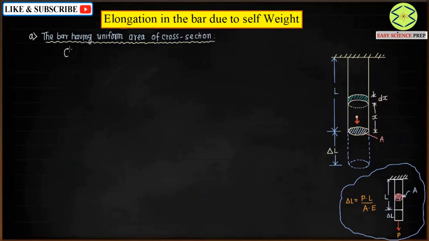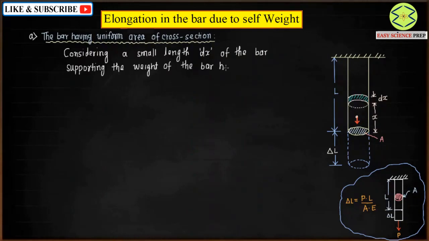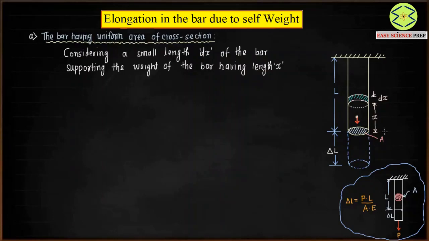So considering a small length dx of the bar supporting the weight of the bar having length x, as is clear from this picture, this small length of the bar will undergo deformation. I can assume the small length of the bar as weightless, and it is being pulled by the weight of the bar having length x. I am calling the weight of the bar capital W suffix x. Now I can apply the standard condition for this small length of the bar.